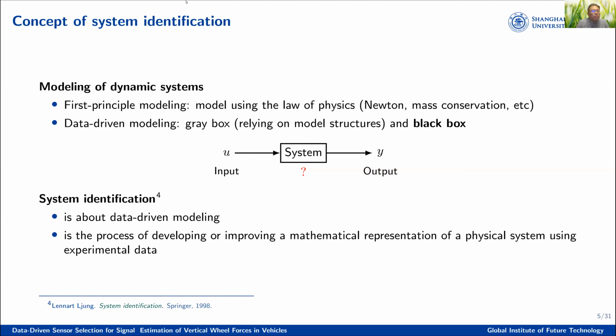In this case, system identification methods help us develop a more accurate and efficient system model using experimental work. This is something that we also need to use later in our work.